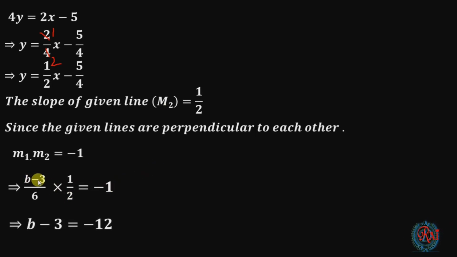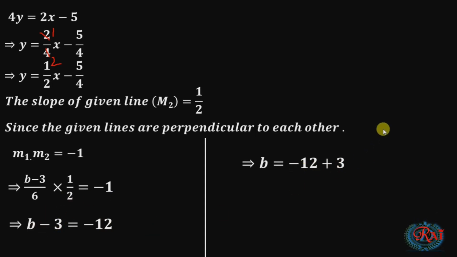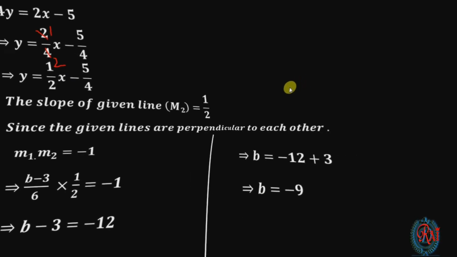So b minus 3 into 1 is b minus 3, 6 into 2 is 12, and 12 into 1 is minus 12. So b minus 3 is equal to minus 12. When minus 3 goes this side, it becomes plus 3. Minus 12 plus 3 is equal to minus 9. So the value of b is equal to minus 9.